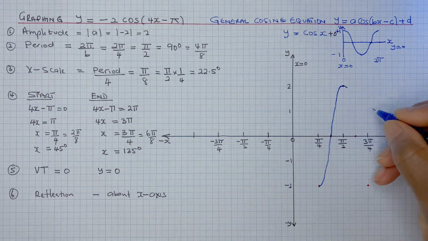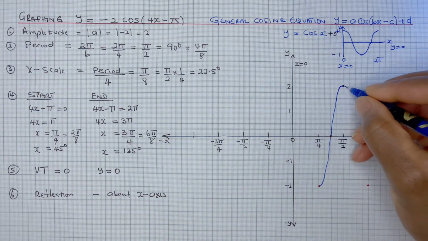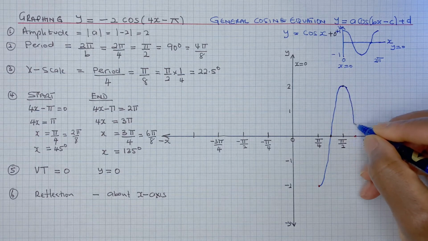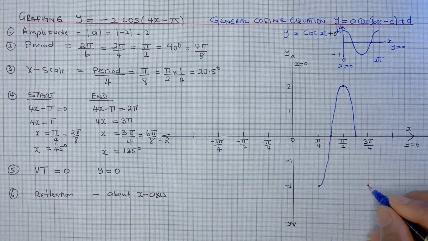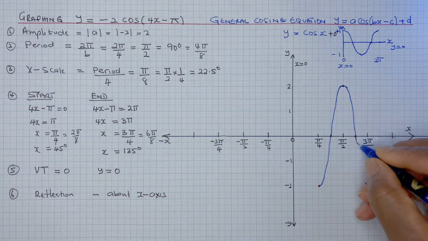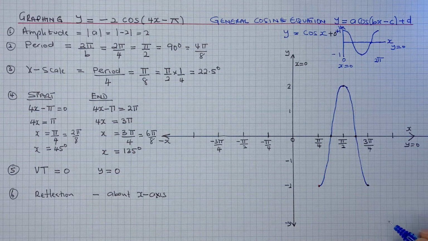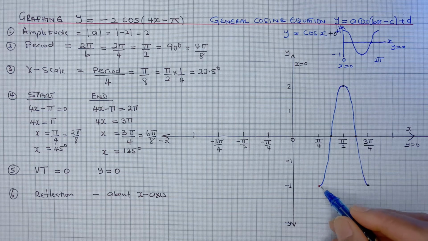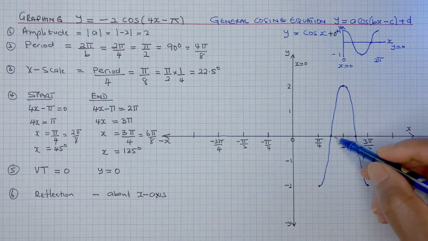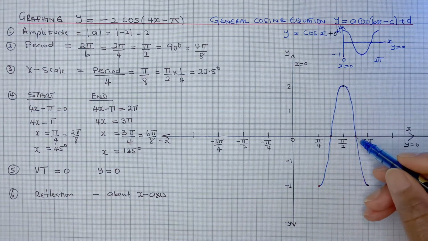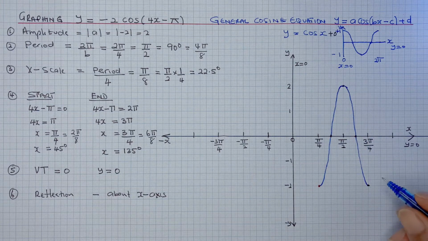So it's just going to meet that, and there's a turning point there, and there's another turning point here. Okay, so that's the first quadrant here, second quadrant, third quadrant, and the fourth quadrant.